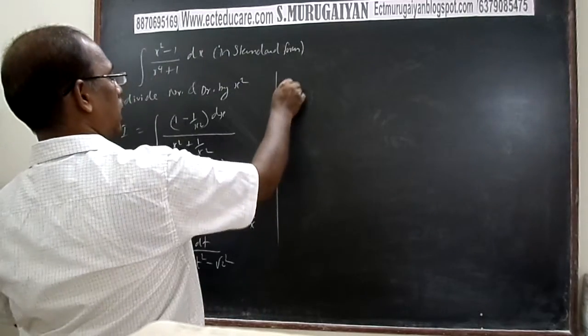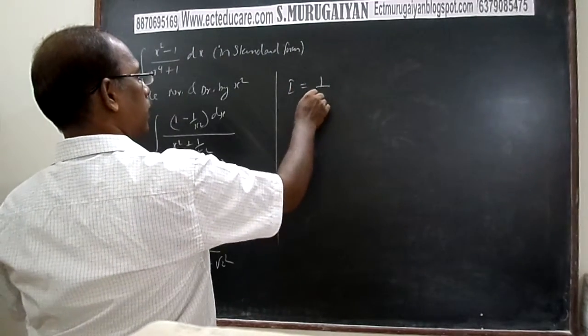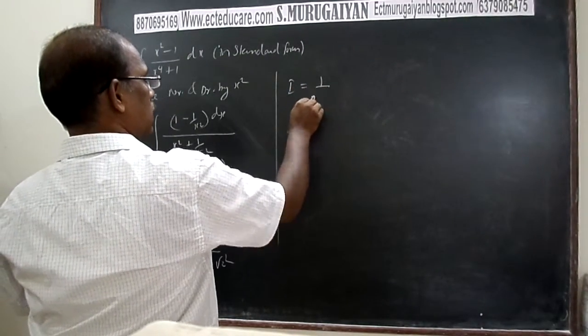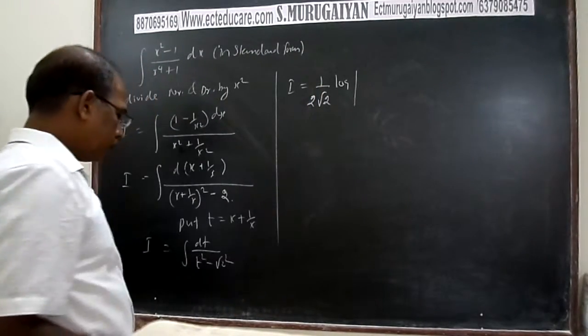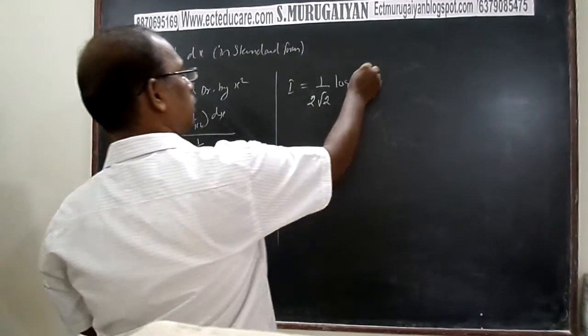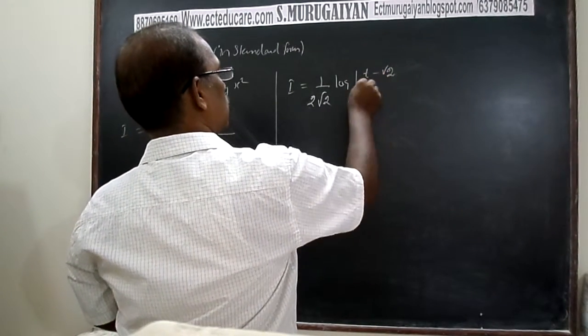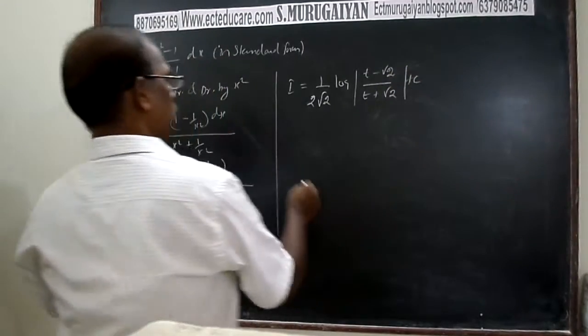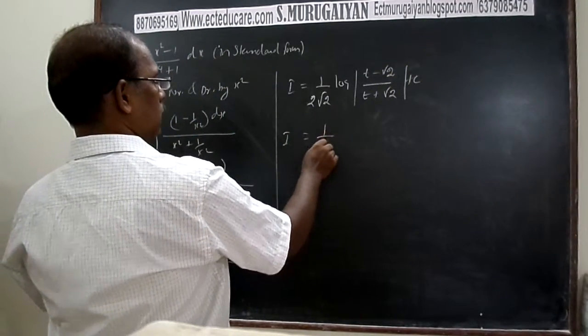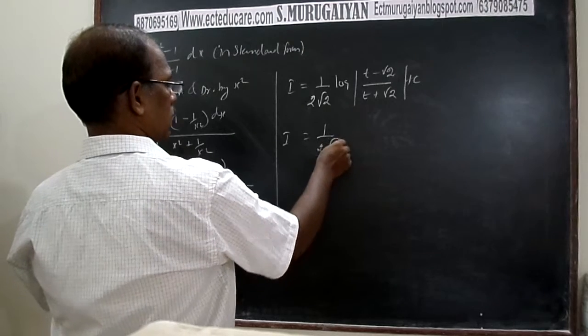So the final answer: I equals 1 by 2 root 2 log mod of (t minus root 2) divided by (t plus root 2) with the integration constant.